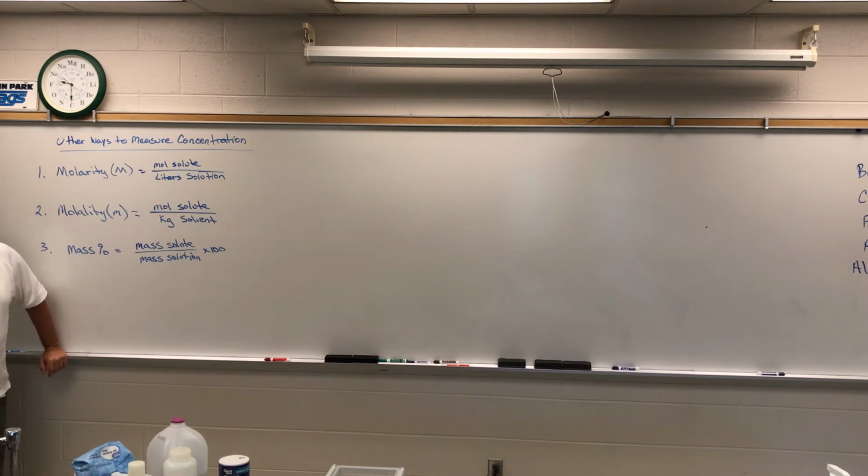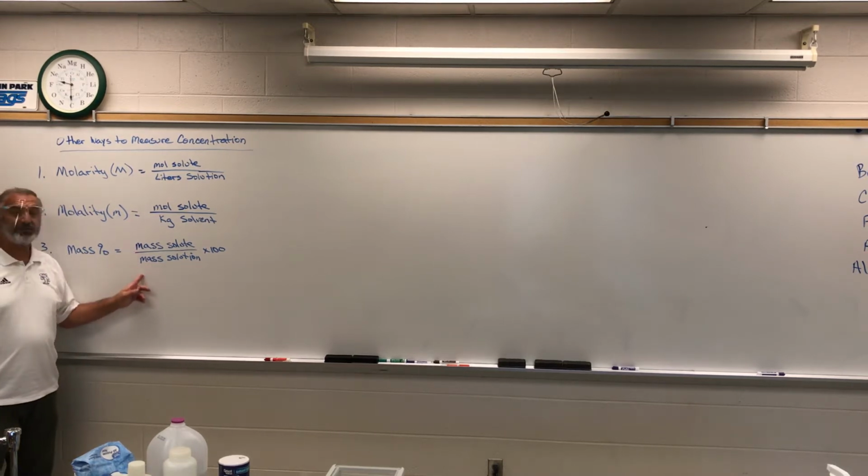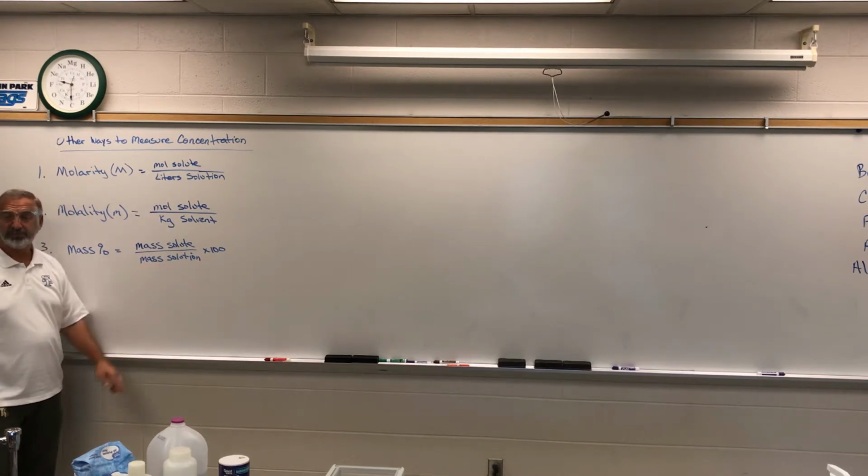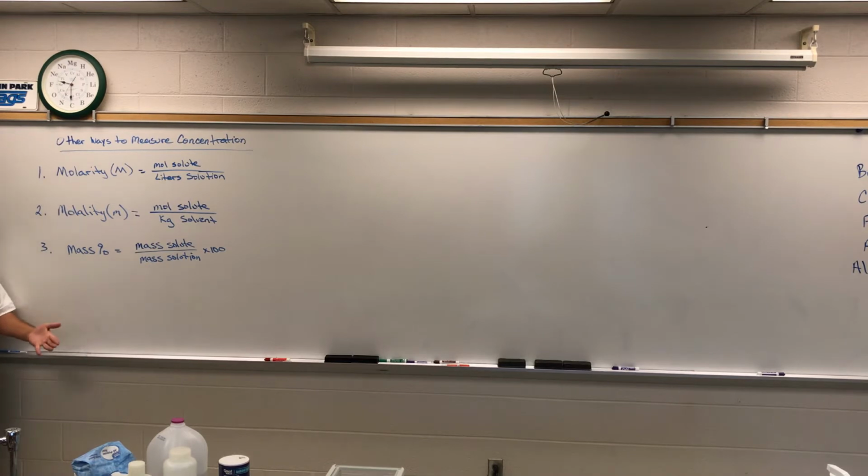Now, have y'all ever heard of ppm, parts per million? Heard things measured in concentration in terms of parts per million? You would do the exact same thing here, except you multiply by 1,000,000 instead of 100 to get ppm. Nowadays, they're doing parts per billion and even sometimes parts per trillion because our measuring devices have gotten so much better.